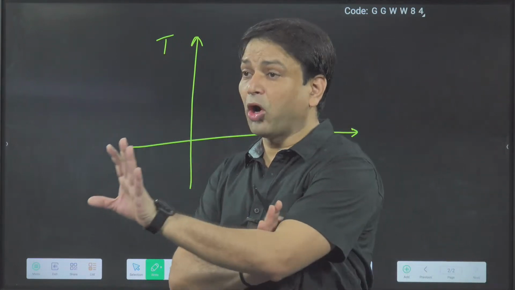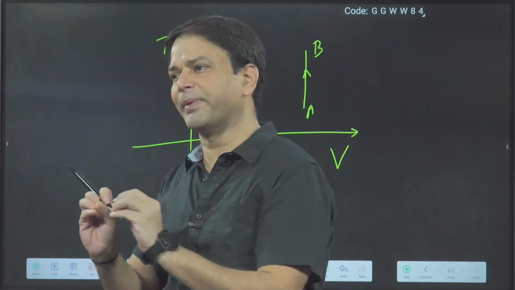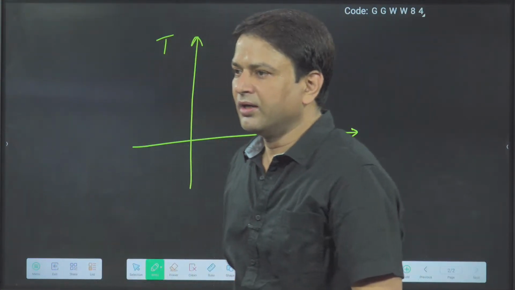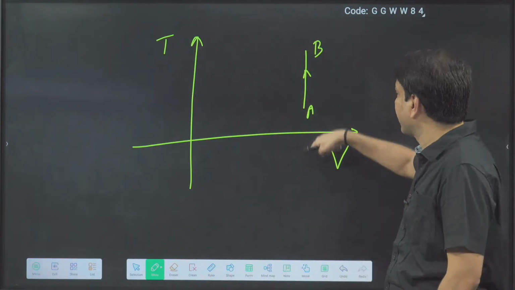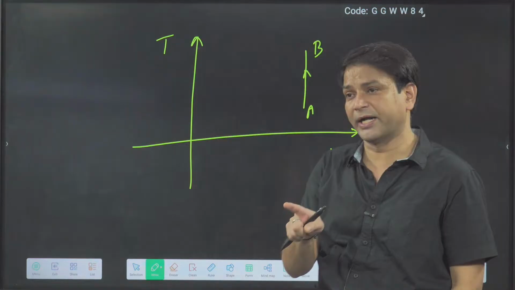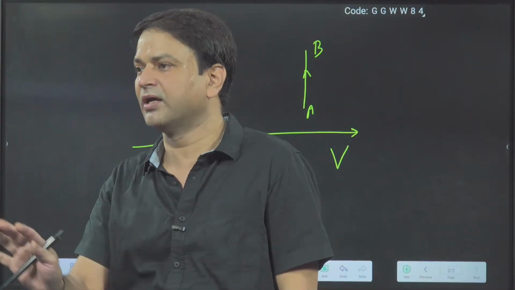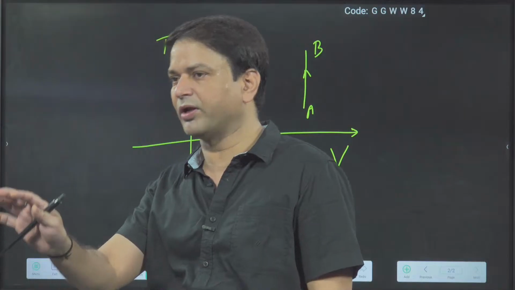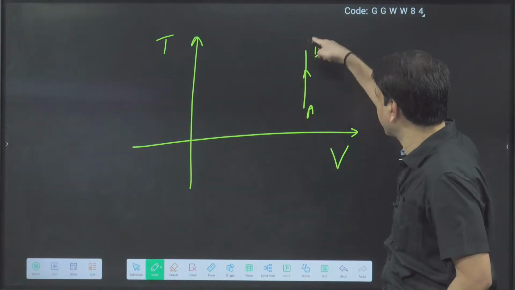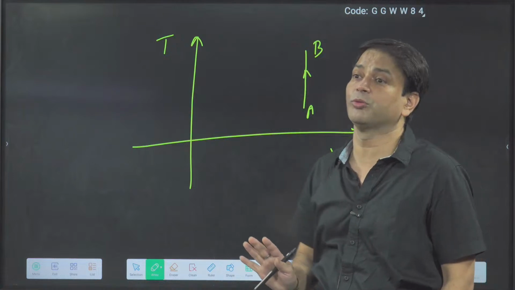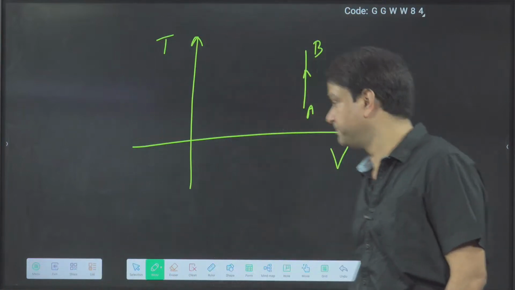I'm not asking on the basis of thermodynamics whatever you have learned. I'm just asking on the basis of mathematics. Everybody is giving the right answer: volume. Here the line AB is perpendicular to the volume axis, and which quantity is constant, the graph will be a straight line perpendicular to it. So perpendicular to the volume axis means on the line AB volume is constant. Did everybody get it or not?